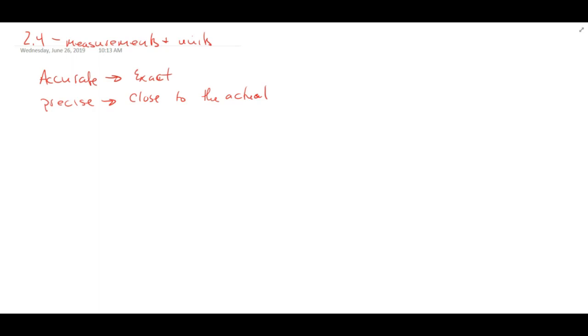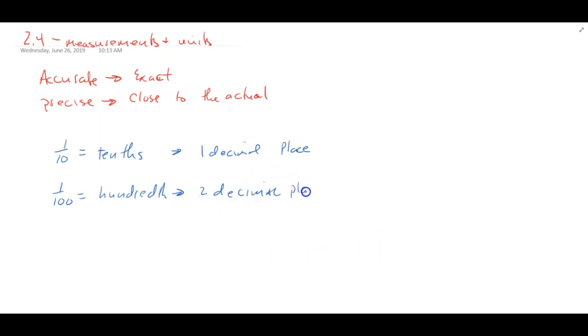So with this, we know we measure units many different ways, okay? But in terms of anything with decimals and partial parts, we use what we call tenths. So 1/10, which is equal to tenths, means you're rounding to one decimal place. Okay? But then you have 1/100th, right? So you have 100th, which means you're going to do 2 decimal places. And then if we go 1/1000th, right?